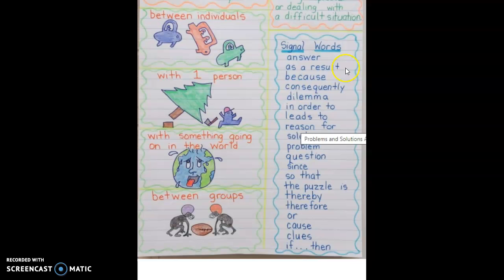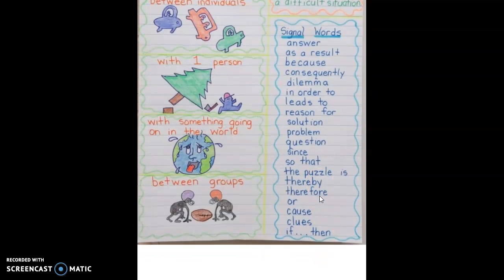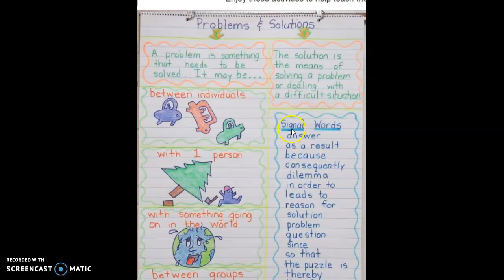Answer, as a result, because, consequently, dilemma, in order to, leads to, reason for, solution, problem, question, since, so that, the puzzle is, thereby, therefore, or, cause, clues, if, then. So when we see these signal words and phrases, we know that we are dealing with a problem and solution.